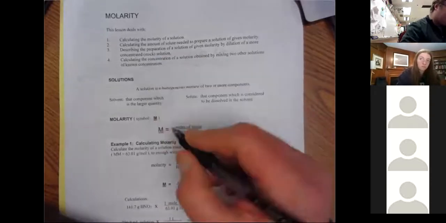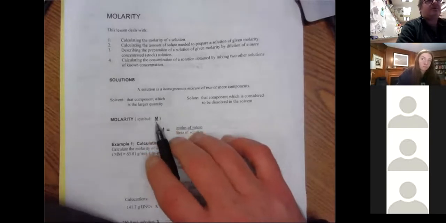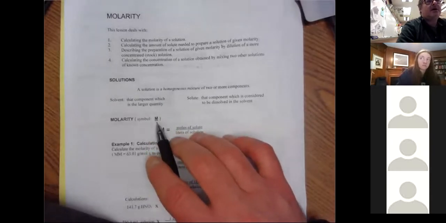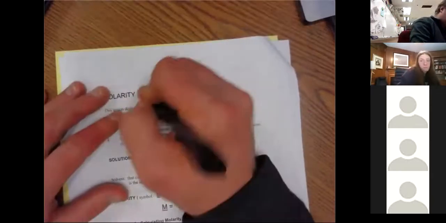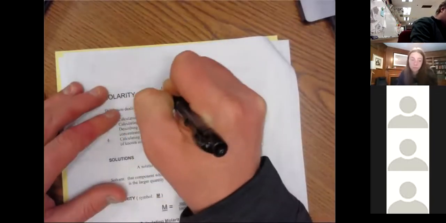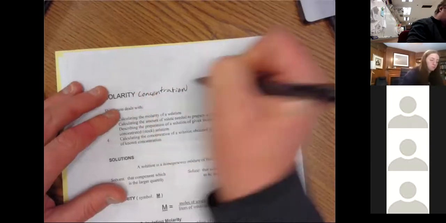So molarity, and maybe I shouldn't just show this out. Let's do a few other ones before we do this. Molarity is basically just a concentration for chemists. Somebody tell me what a concentration is.